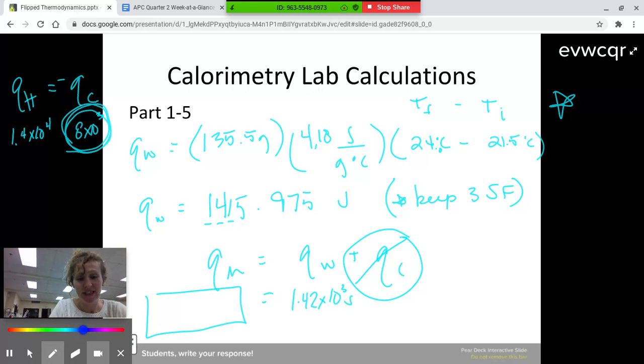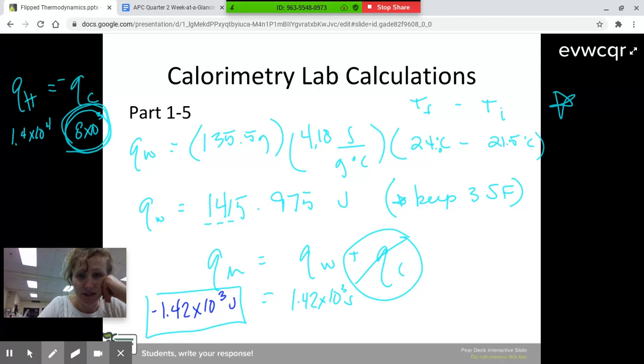Well, it's negative 1.42 times 10 to the third joule. That's how you get Q of the metal. Now, can you figure out what the specific heat of the metal is?